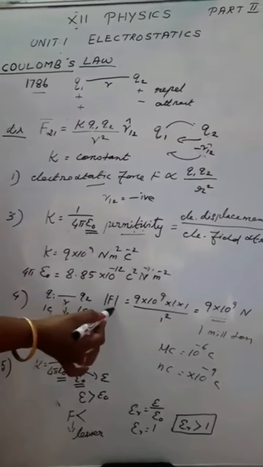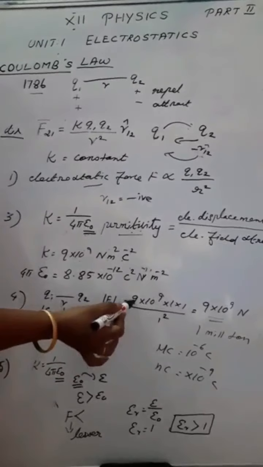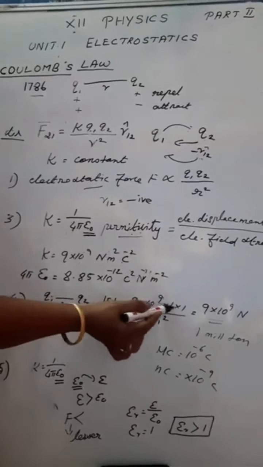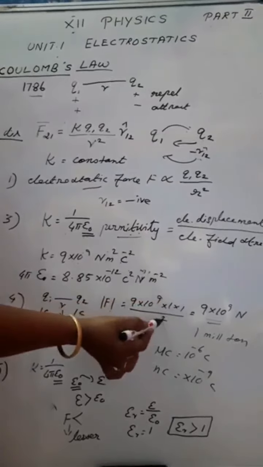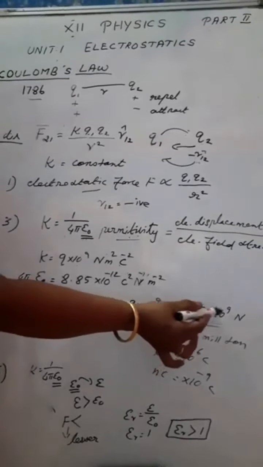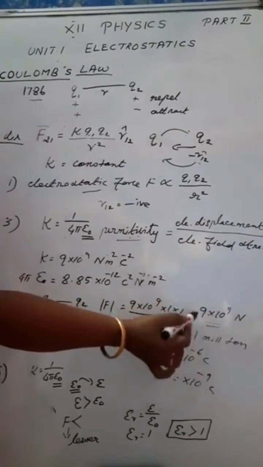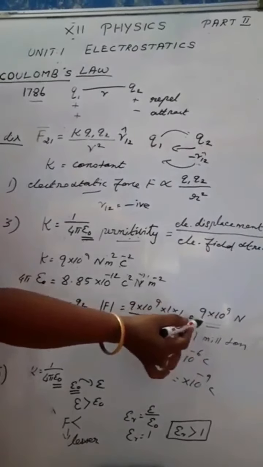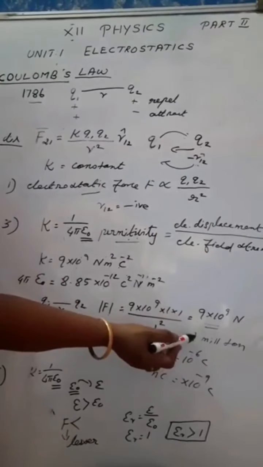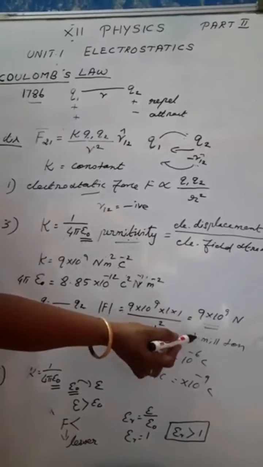Therefore, the modulus of F is equal to 9 into 10 power 9 into 1 into 1 divided by 1 square. The total value is equal to 9 into 10 to the power of 9 Newton. So, this value of force is a huge quantity. Actually, it is equal to the weight of 1 million tons.